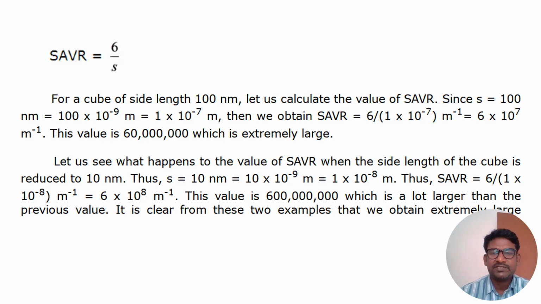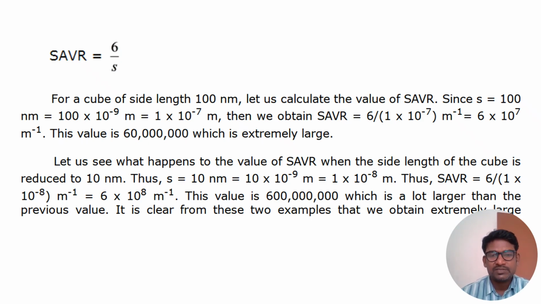When we substitute this, the surface area to volume ratio is 6 multiplied by 10 to the power 7 per meter. This value is extremely large, very interesting. That is 6 million times.